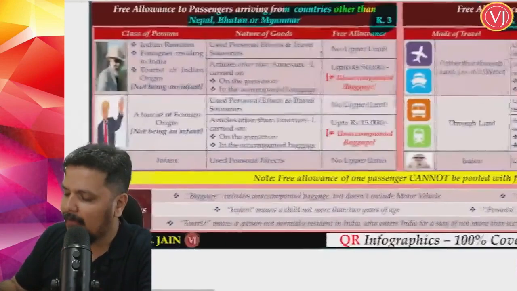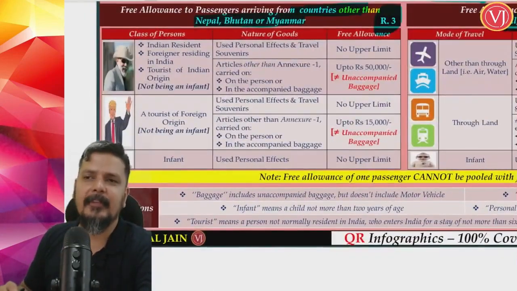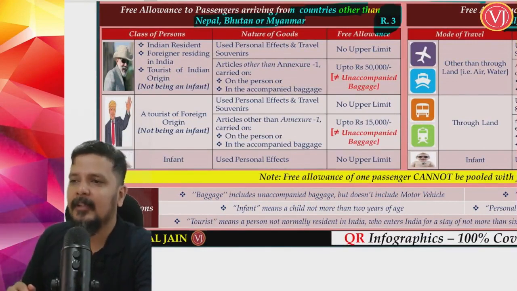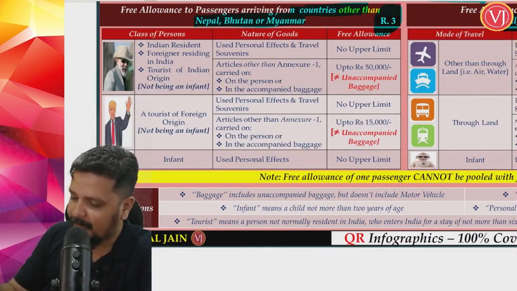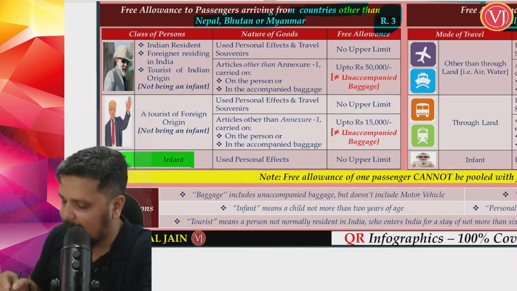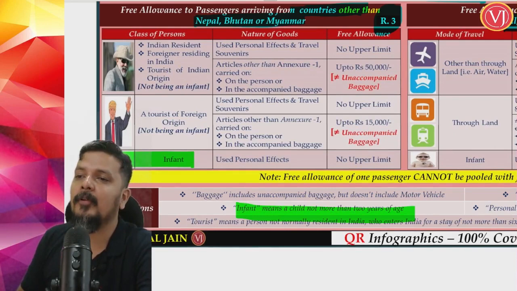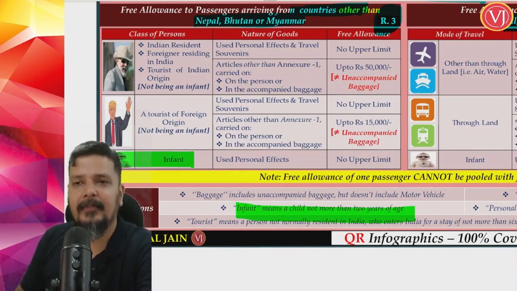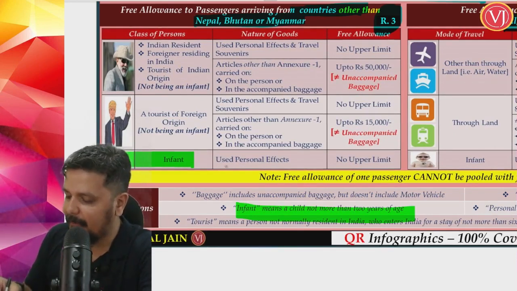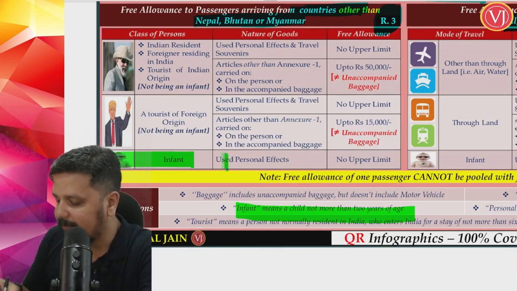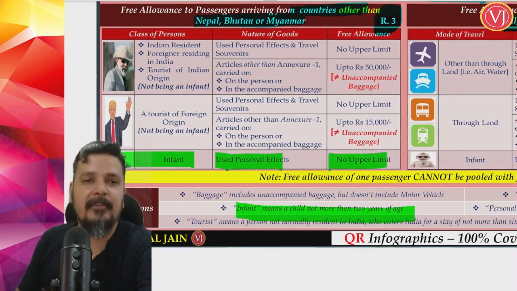Now, what is the difference between rule 3 and rule 4? First, what is the common point we'll cover? They talk about infants, a child up to 2 years old. For infants, they say we will give the benefit for used personal effects, unlimited exemption.